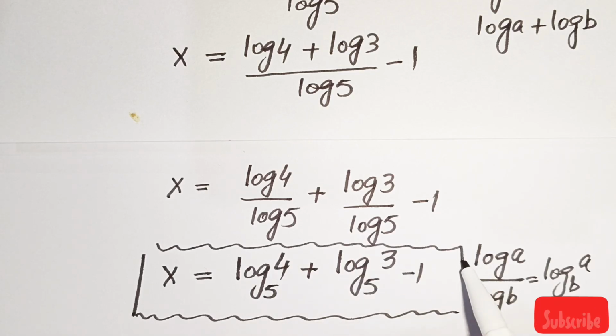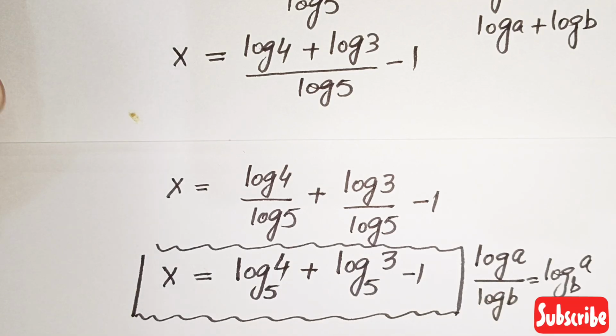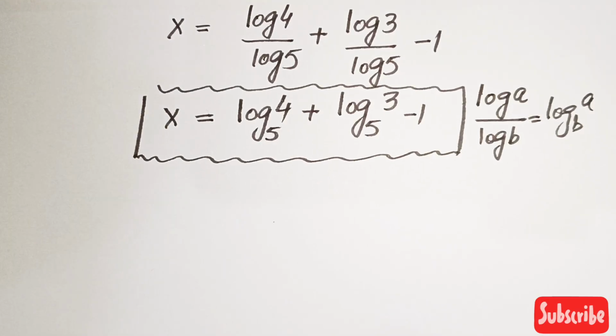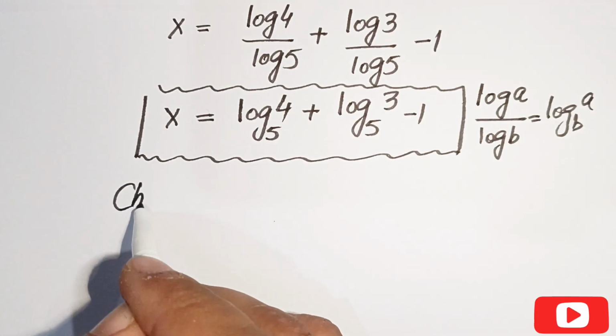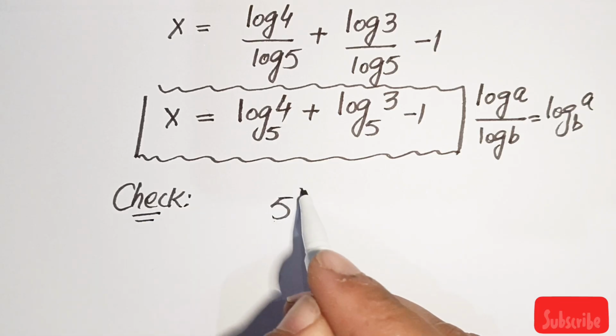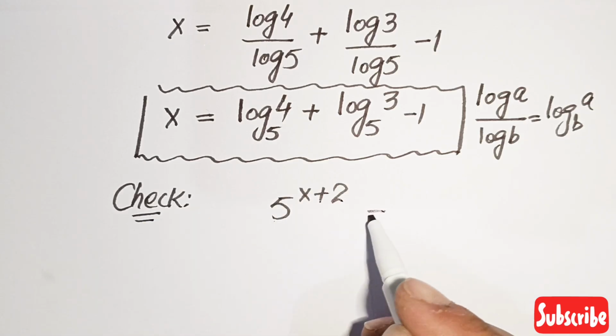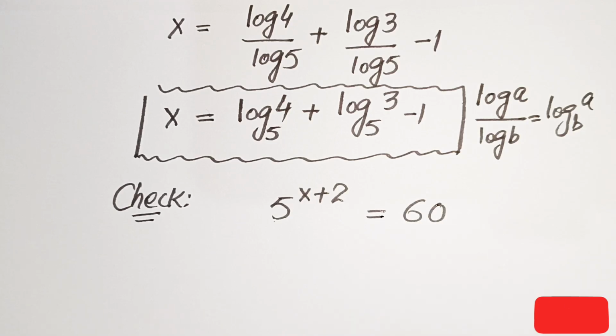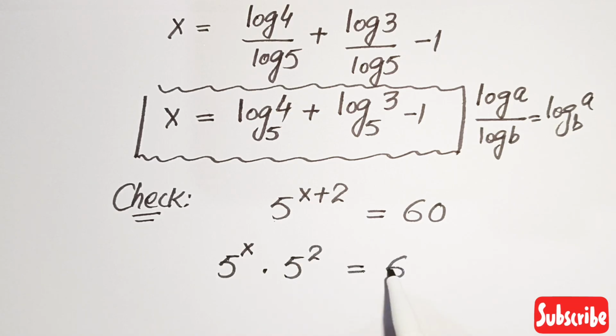Now we have to verify our result. Checking our problem, if we recall, our problem is 5 to the power x plus 2, which is equal to 60. Now using the exponential law, we get 5 to the power x times 5 squared is equal to 60.